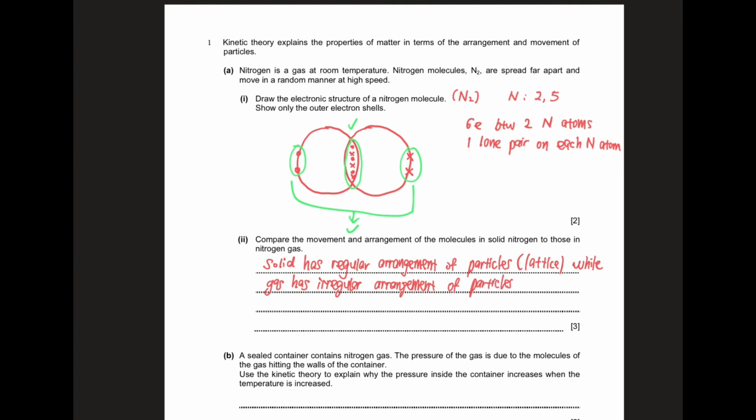Okay, so 1 mark only for this point, the first pair of comparison. Okay, now what else? You can compare the distance of the particles.